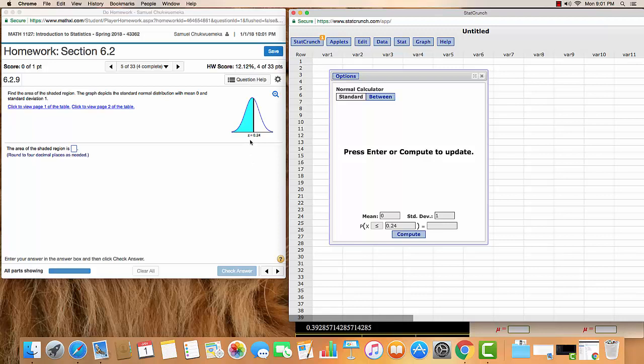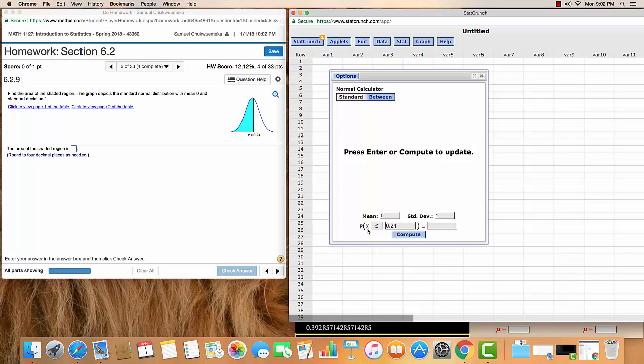The conversion to z-score, a standard score, is necessary for us to use the standard normal distribution table. Right now as it is, that's fine. This x is your z actually, because this is 0 and this is 1. This is a standard normal distribution table.